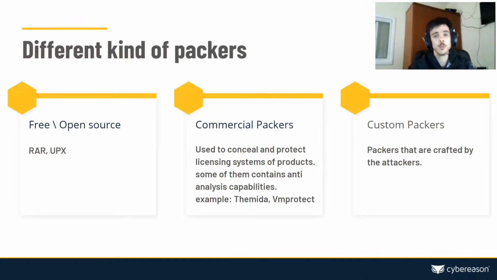Some of them are commercial packers that are used to conceal and protect the licensing system of a product, such as Themida or VMProtect. Some of them also have anti-analysis capabilities, such as VMProtect. And there are custom packers, which are packers that have been crafted or written by the attacker.